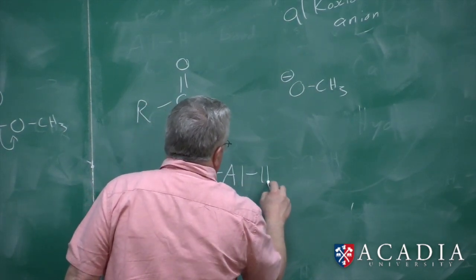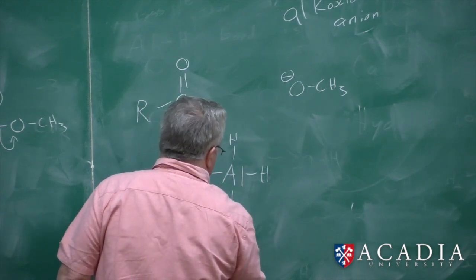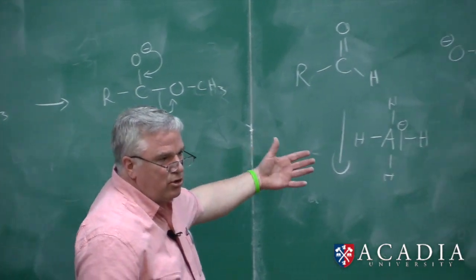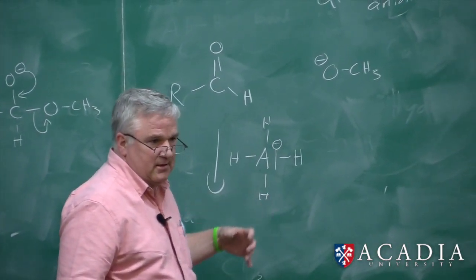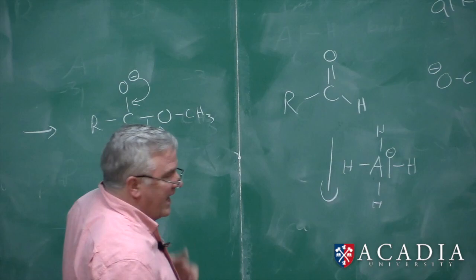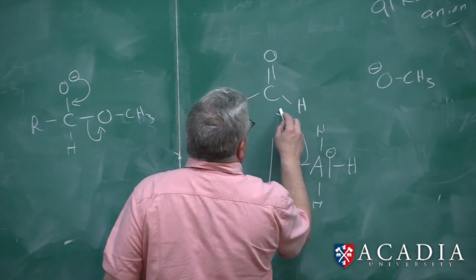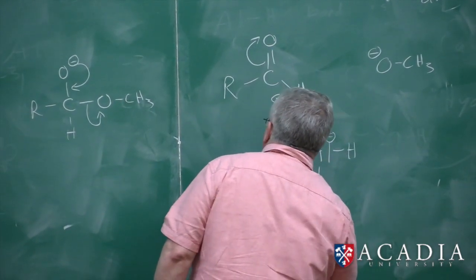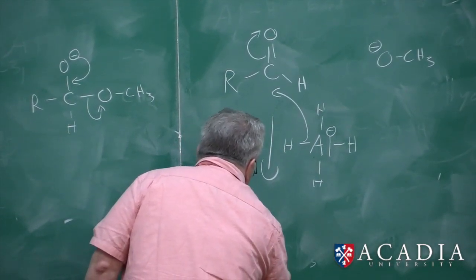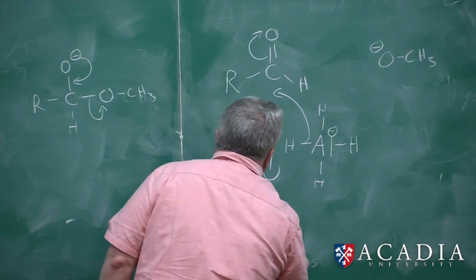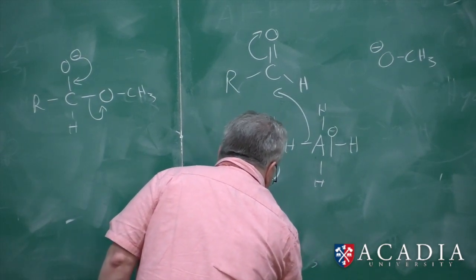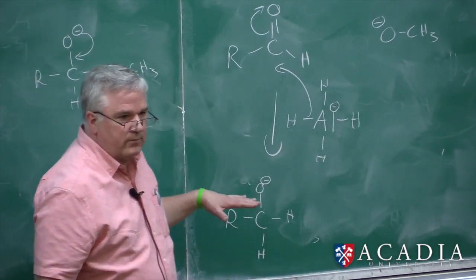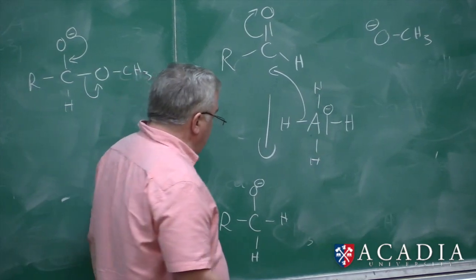Again, I used hydride last time. This time I'm just going to use this. It's effectively adding hydride again, and we just get another reduction. And that gives us RCH2O minus. Okay, and we're not going to worry about the rest of it.